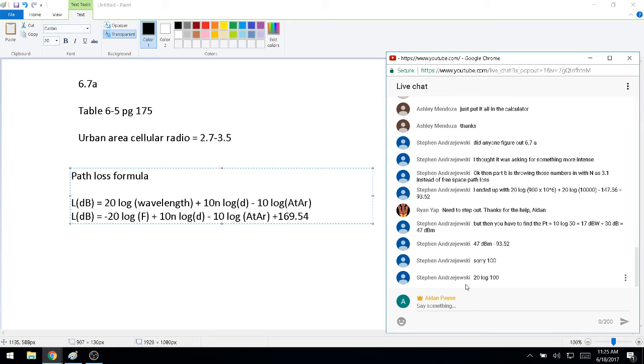And so he's using the frequency loss formula because that's what we're given. Or, sorry, Stephen, can you just clarify the initial formula you used? Because I think I see what you're using, but I just want to make sure we're on the same page.